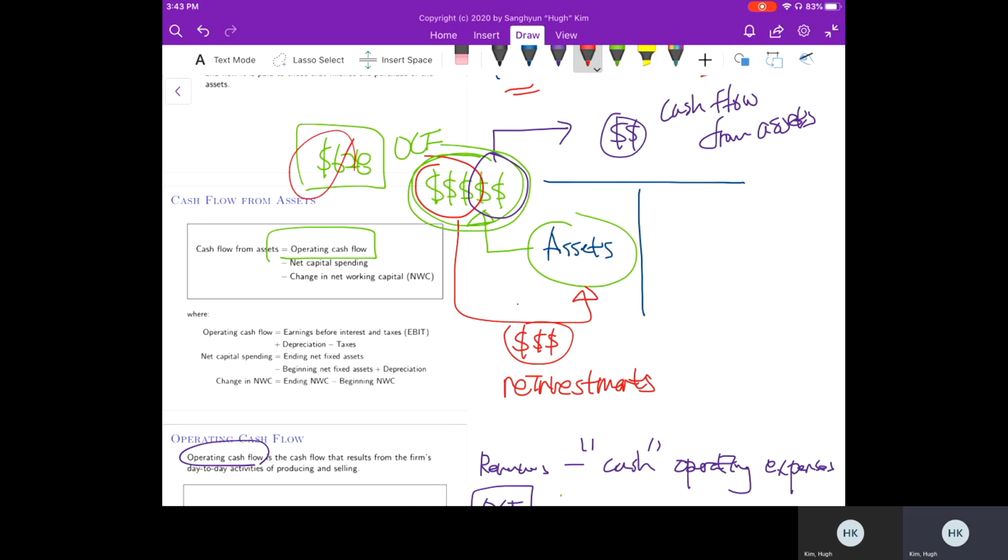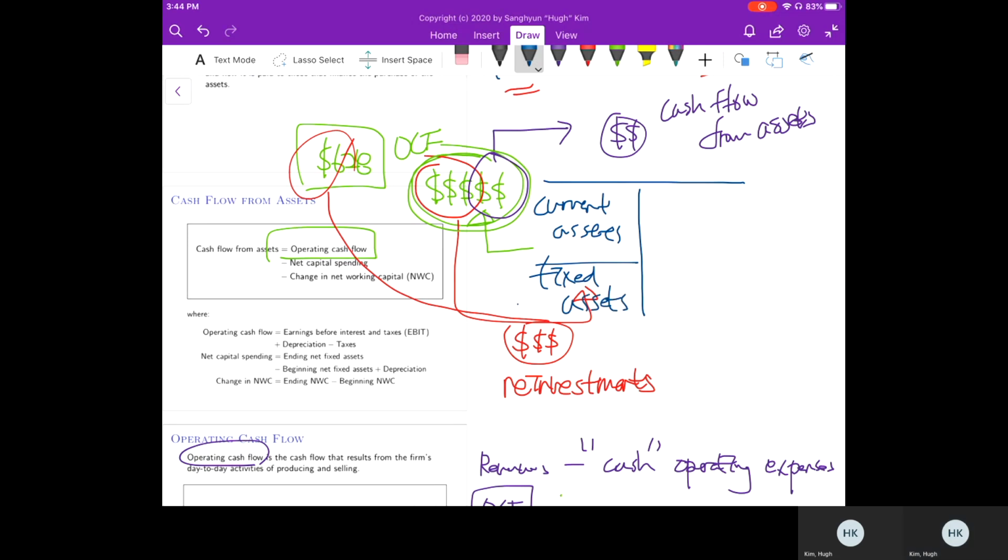And some of this operating cash flow must be reinvested in the firm. And there are two types of reinvestment, just like there are two types of assets. There are current assets and there are fixed assets.